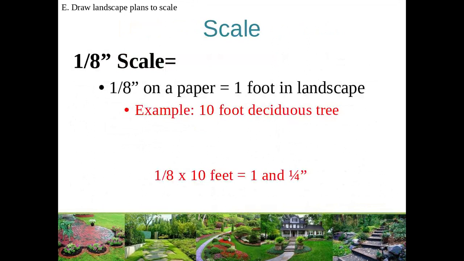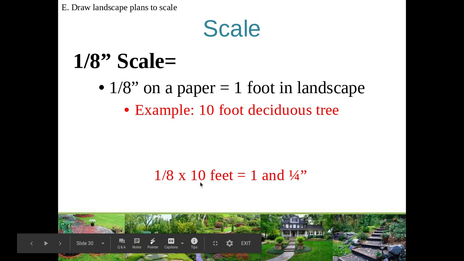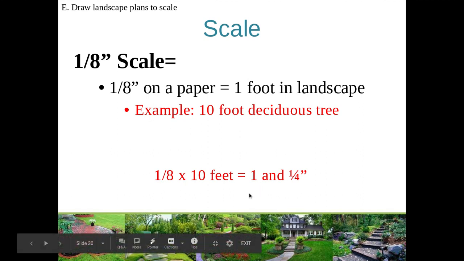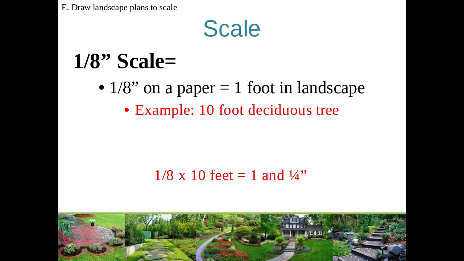So, for example, if you had a 10-foot deciduous tree, you do 1/8 times 10. So the tree on the paper would be 1 and a quarter inch diameter. All right. So I suggest that you try and stay to scale in this assignment, but it doesn't have to be perfect, okay?